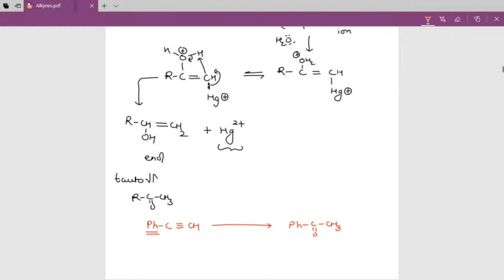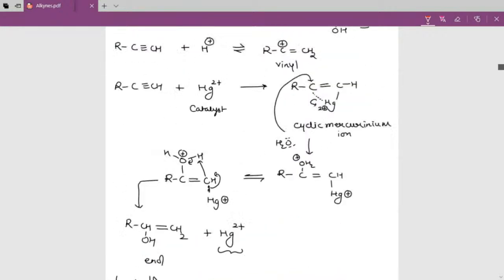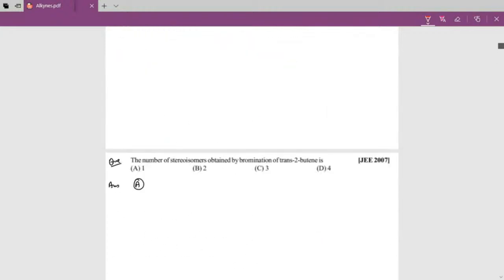Yes, if you go by straight Markovnikov, that OH should be added to the carbon which is having less number of hydrogens, then you will do correctly. But if you go by the fact that no carbocation is involved here as it is a non-classical carbocation, then you might make an error. So please note that as the stability of the carbocation becomes more and more, there is a possibility that a complete carbocation could be formed in such reactions also.